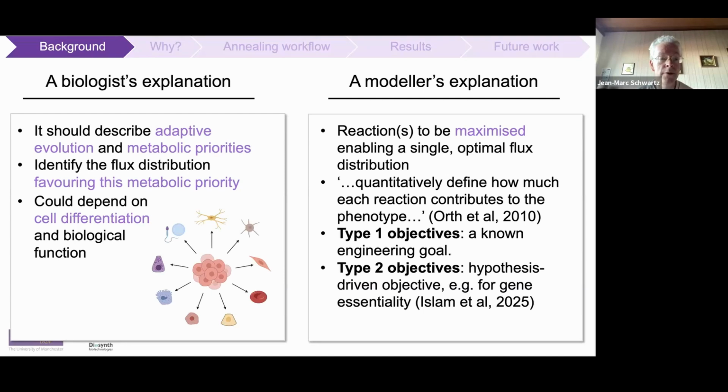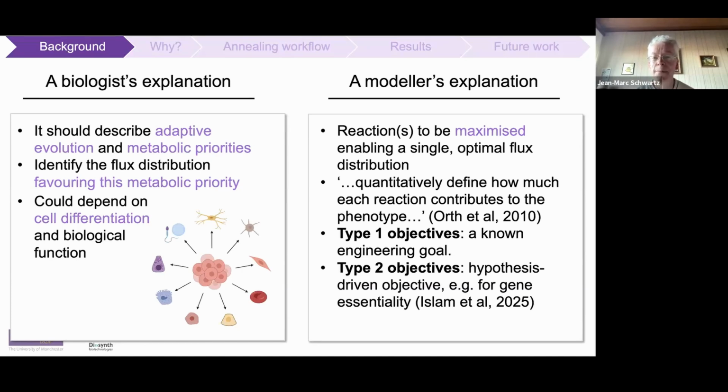Or, for example, if we have more complex organisms, it is very likely that the objective also depends on the cell type, and maybe also on the cell cycle and other factors that can affect what objective is actually meaningful at a given time.